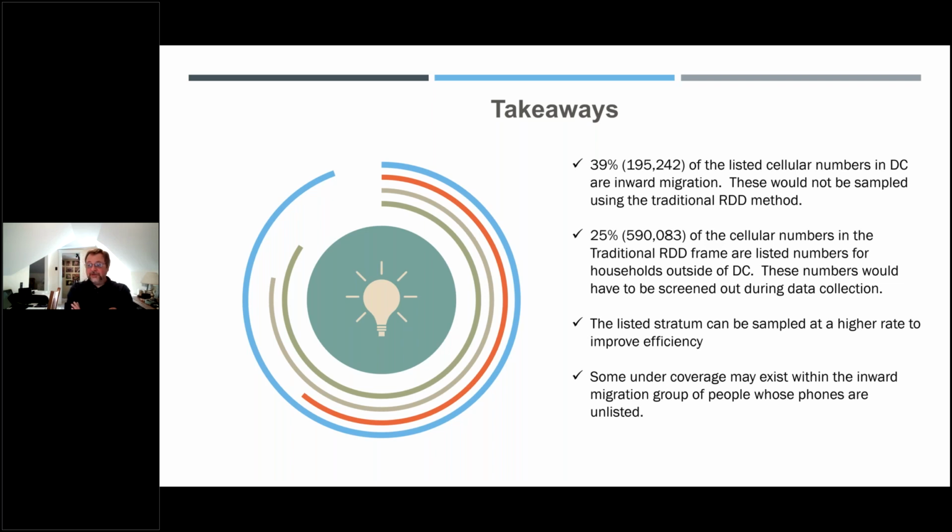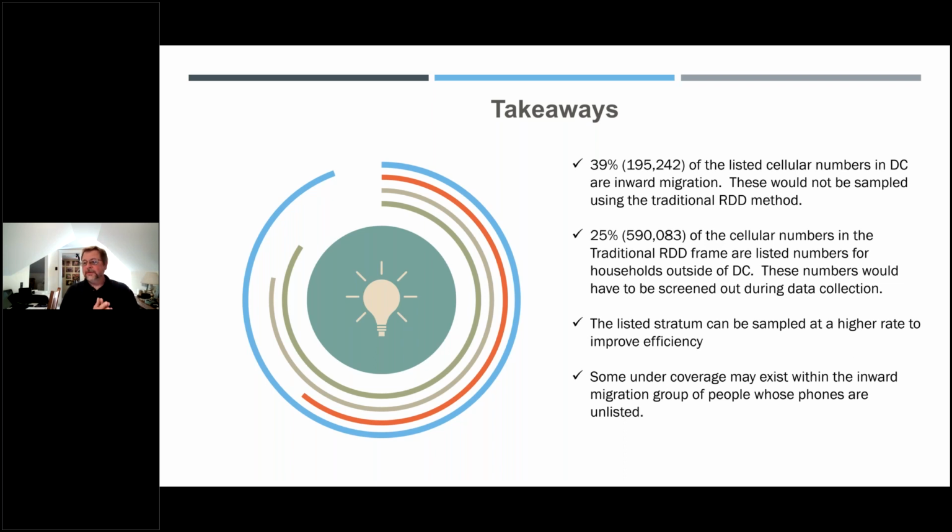Conversely, 25% of the cellular numbers in the traditional RDD frame that are listed numbers fall outside of Washington, D.C. These are people we do not want to contact. These numbers would have to have been screened out during data collection, and you would have incurred additional costs with that. As I mentioned before, you can sample at differing rates, so the listed stratum can be sampled at a higher rate to improve efficiency.